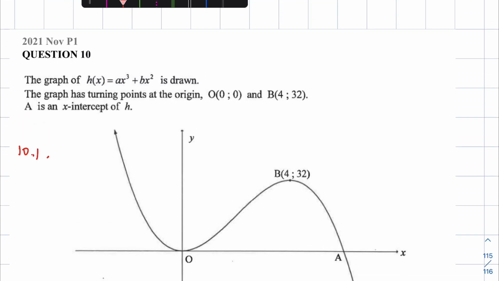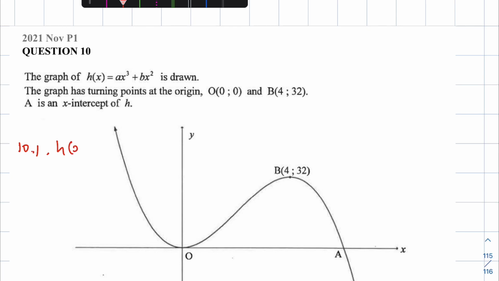We are given h of x is equal to ax to the power 3 plus bx squared. So basically we are trying to solve for a and for b. And then we look at what is given. We are given a turning point or a stationary point.